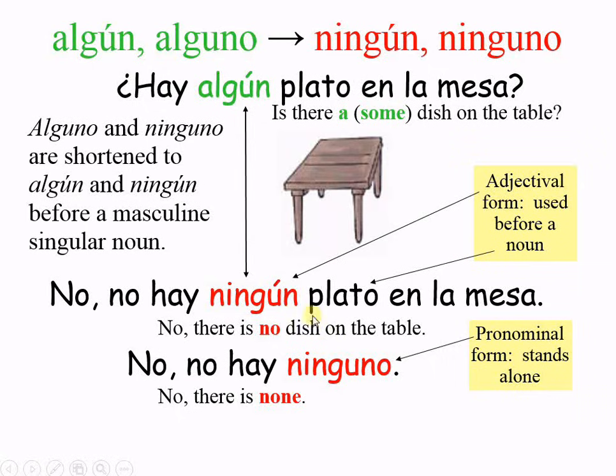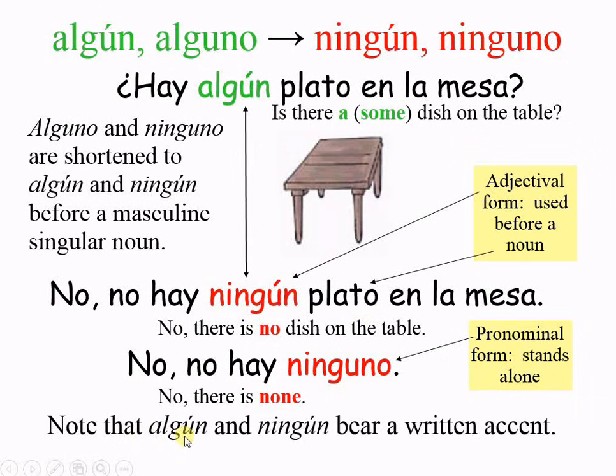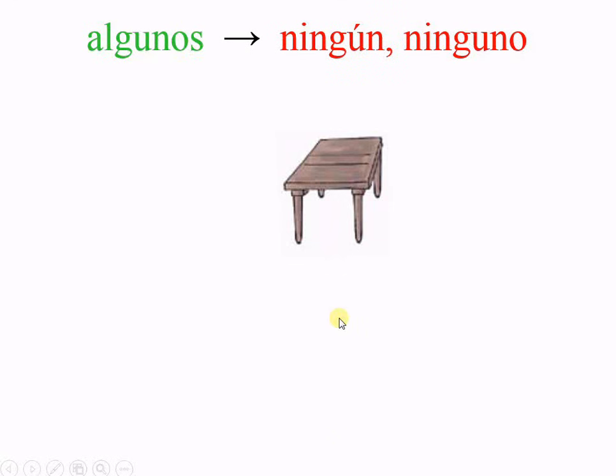If I decide to answer using the noun, and because my noun is masculine and singular, I say no hay ningún plato en la mesa. But if I omit my noun, I can say no hay ninguno. Note that algún and ningún bear a written accent.